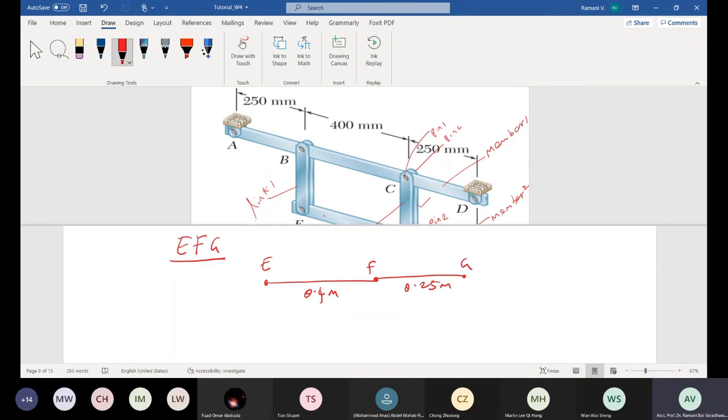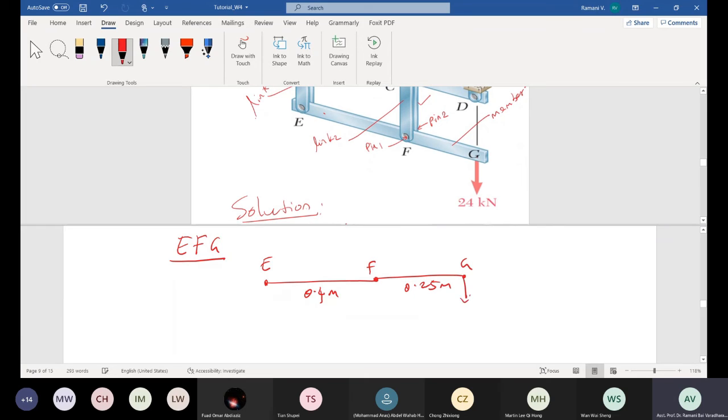What are the loads coming in? The point load acting at this point is 24 kilonewton. Because of the load, there will be a reaction. Where will the reaction be? Anybody, quickly?